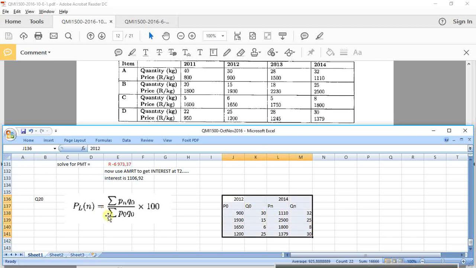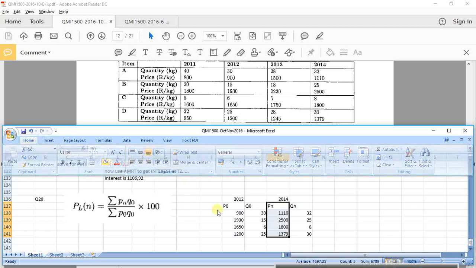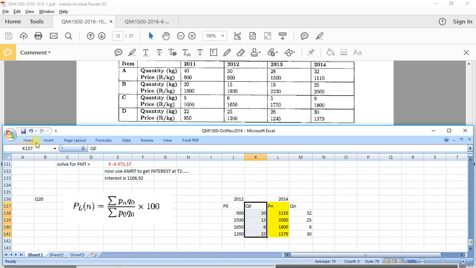What does Laspeyres say I must do? Laspeyres says I need to sum up the Pn times the Q0. There's the Pn, and there's the Q0. So Pn Q0 is going to be this times that for all of them.